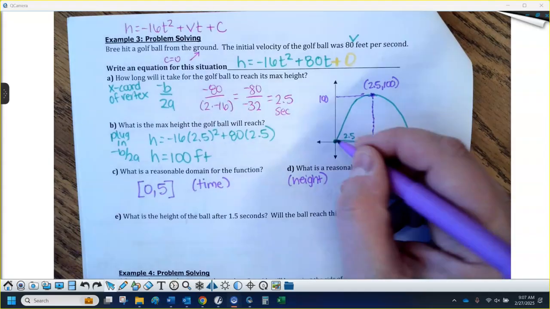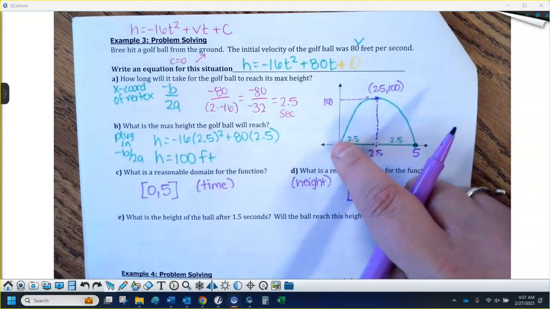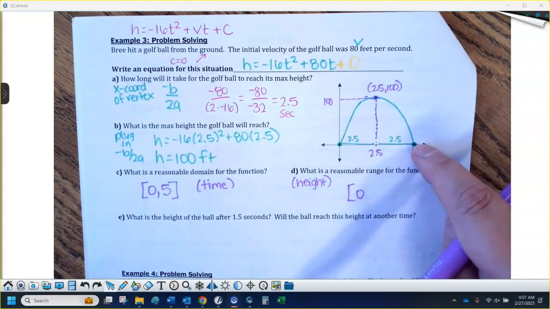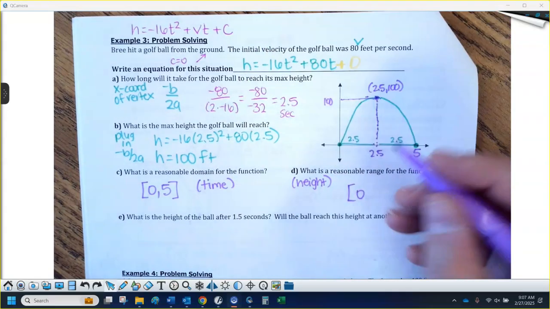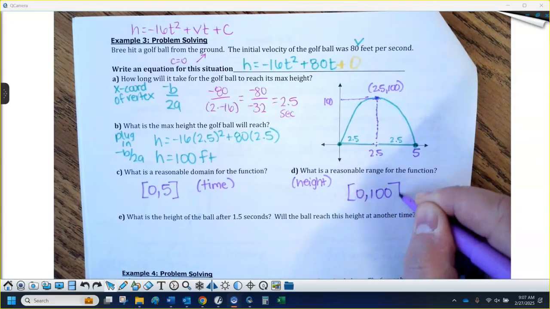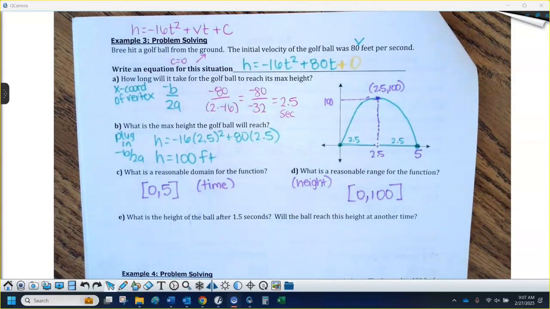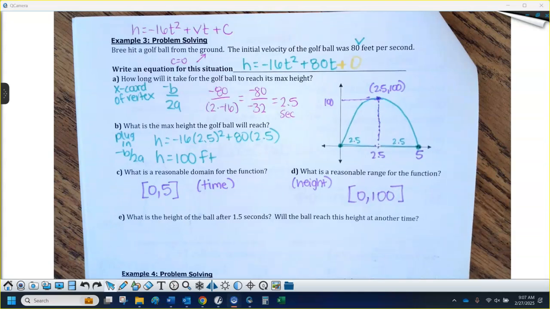Exactly. You start on the ground at 0, you come up to 100 and then you come back down, but it takes 5 seconds, and I never go above 100. So 0 to 100 would be our lovely range.